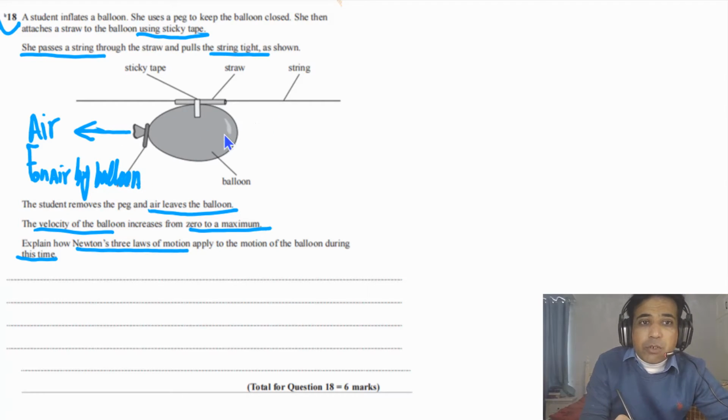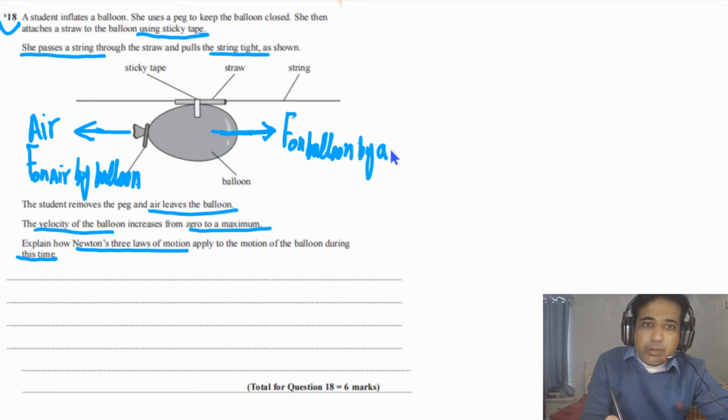By Newton's third law, there will be a reaction force on the balloon as well. So this has to be in the opposite direction. So this will be force on balloon by air. So this is the reaction force by air, and this is by Newton's third law.